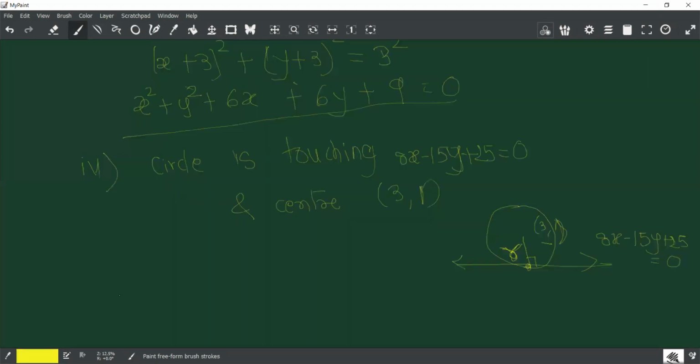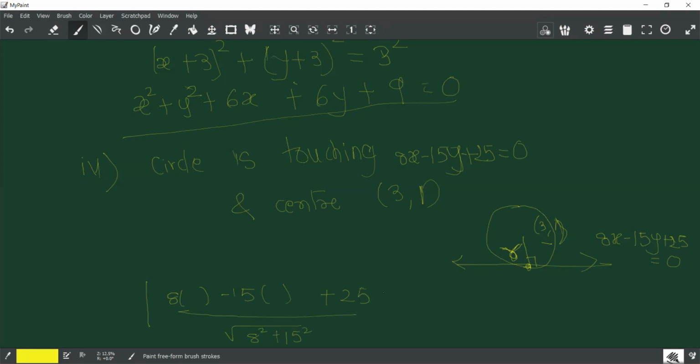Yeah. So equation क्या है? Mod ax1 plus by1 plus c upon square root of a square plus b square.